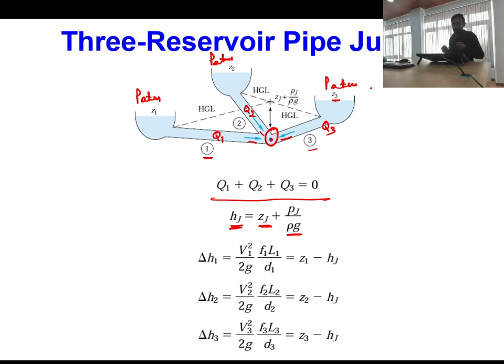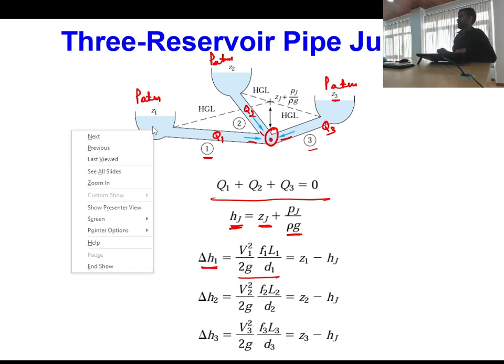Okay. Now if I have to calculate the head loss in the first pipe, what will be the head loss in the first pipe? Say delta H1 is the head loss in the first pipe. So delta H1 will be equal to f1 L1 V1 square by 2 g D1. This is the major loss. I am neglecting all the minor losses. And this head loss will be equal to the head at this point minus the head at this point.